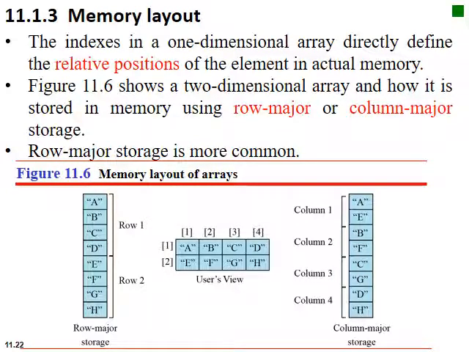Now, in memory, things can be stored in various ways. Usually, the indexes in a one-dimensional array directly define the relative positions of the element in memory. So figure 11.6 below shows a two-dimensional array and how it is stored in memory using so-called row major or column major storage. Now this depends on how the system is implemented.